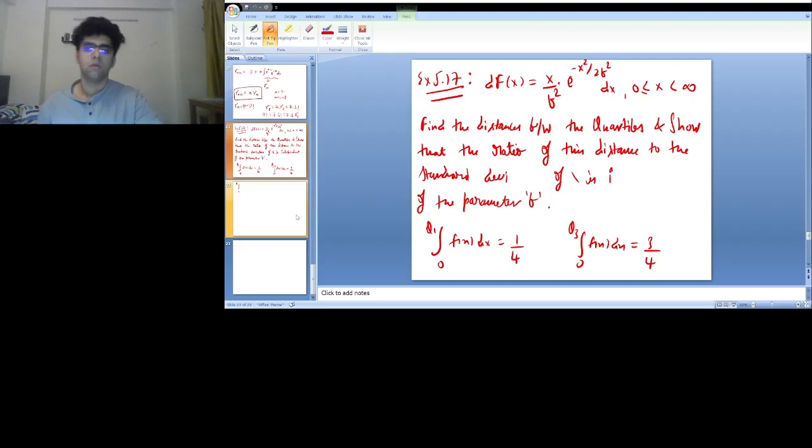Usually I would have integrated this over the limit 0 to infinity to try and find b, but in the question they have specifically mentioned that q3 minus q1 is independent of the parameter b. So I don't think we need to find b here. So I'm not checking whether it's a valid PDF or not. It's good practice, I've done that in the previous videos, but I won't be doing that here.